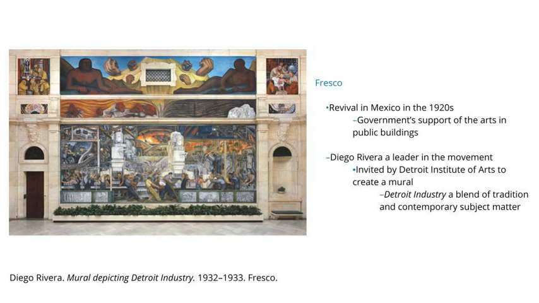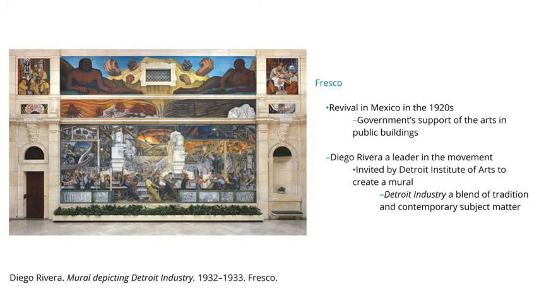Also, more recently, fresco had a revival in Mexico in the 1920s, and this is specifically because the government decided to put more funding into the arts and show their support by funding art to be made on public buildings and in public buildings. And through that, fresco, where it binds directly to the wall, seemed like the right thing to use.